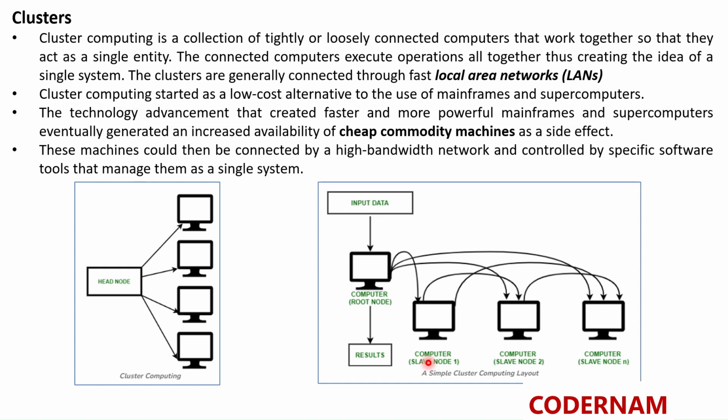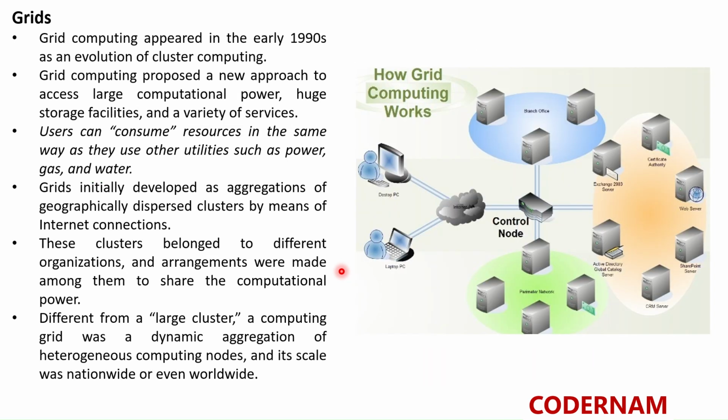As you can see in the figure, there is input data which is connected to the computer, which is the master node or the root node. It will have the replicated slave nodes, and in the last there is the result. These machines could be connected by a high bandwidth network and controlled by specific software tools that manage them as a single system.